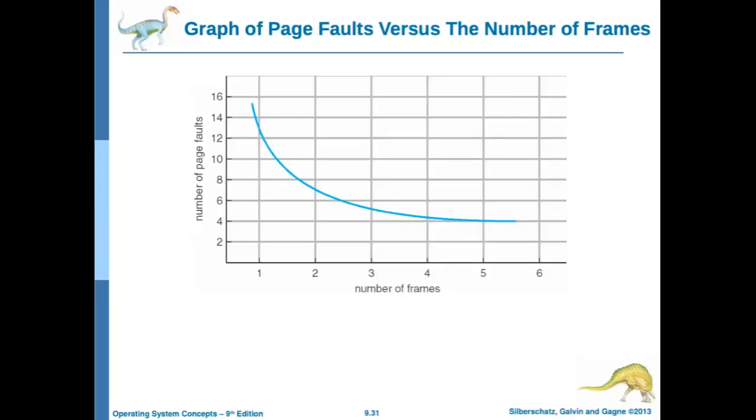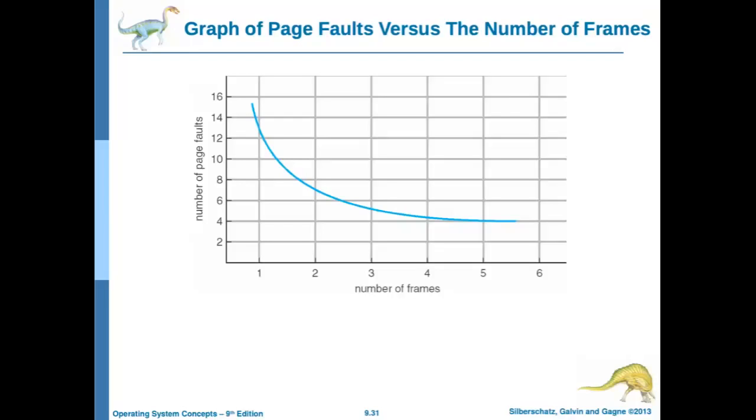Try to understand, because based on this there is one anomaly, Belady's anomaly, that we want to discuss. But this is a very simple thing. Do you have any doubt? If there is any doubt, please put it in the chat box. Page fault versus number of frames. Why it is so is very simple.